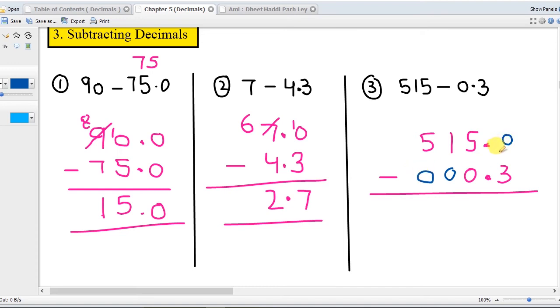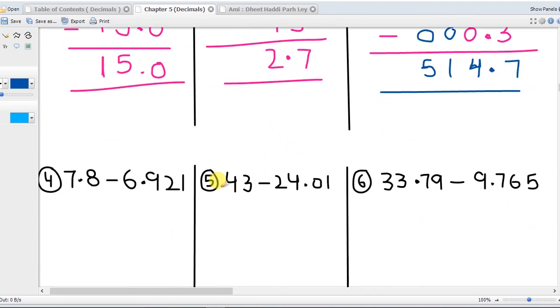Since we cannot take away this 3 from this 0, you know the procedure. Simply take borrow. This number will become 4, and over here it becomes 10. So 10 take away 3 is 7, 4 take away 0 is 4, decimal point over here, 1 take away 0 is 1, and 5 minus 0 is 5. So after subtracting 0.3 from 515, we get our answer 514.7.